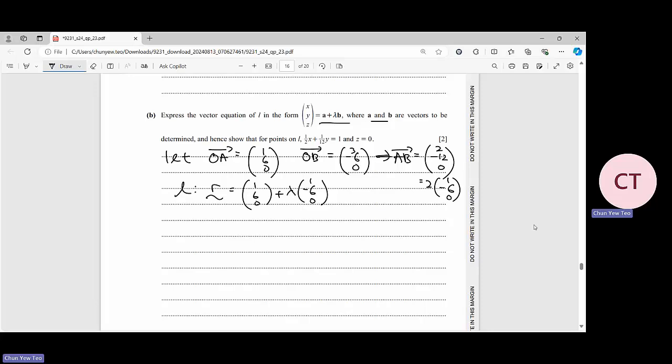Okay. So now they are asking you to show the points on L. So over here, if you combine together, that will be your x, y, z.